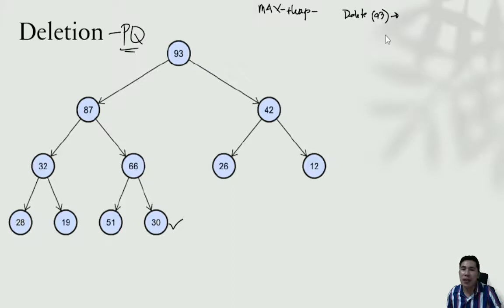So in this case, this is now the tree, or the binary heap now.